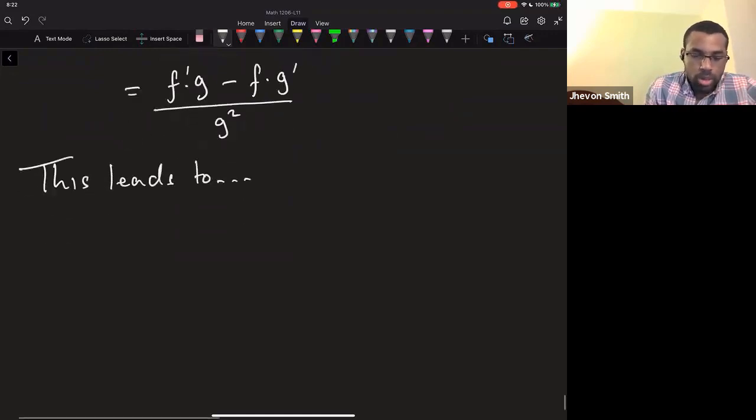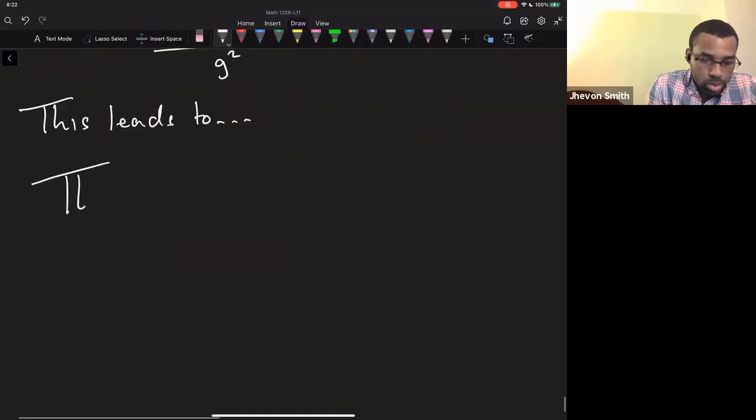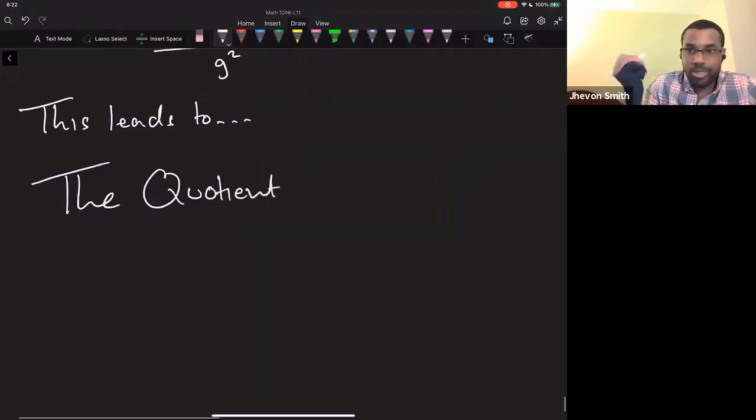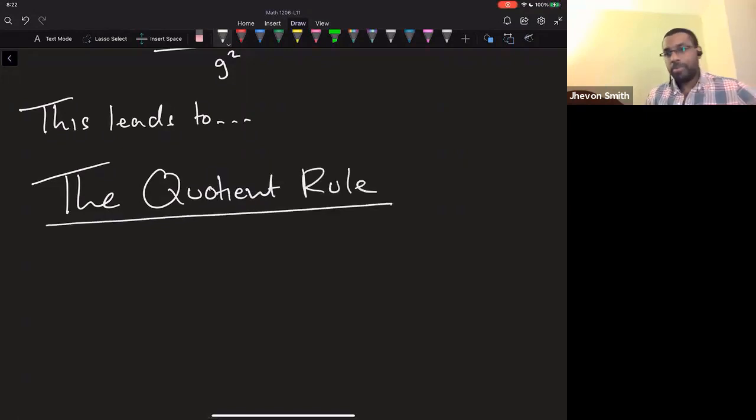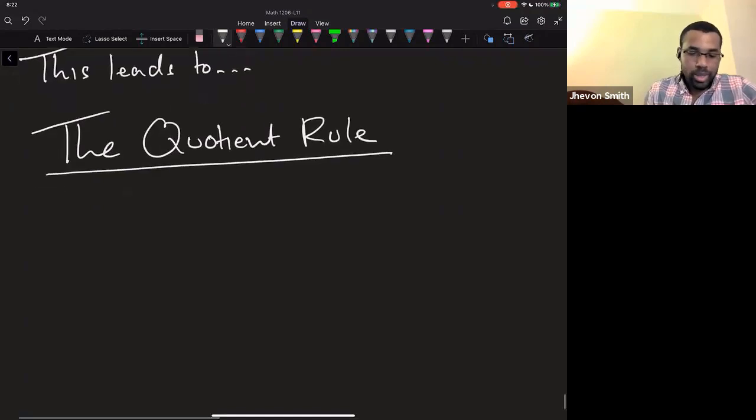This leads to another rule. It's called the quotient rule because it's how we differentiate quotients, right? Math people naming things. Like the derivative was special.